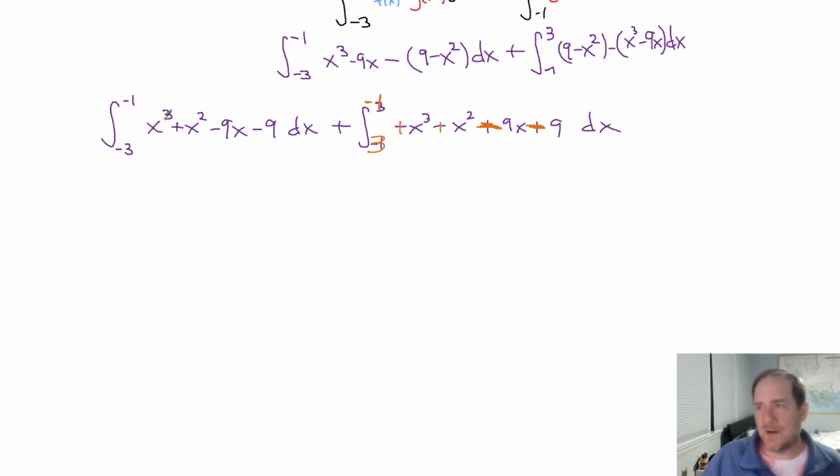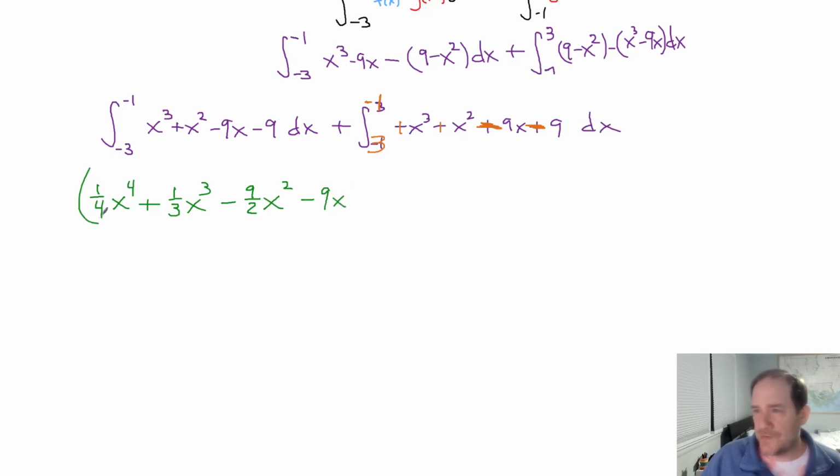So let's do our antiderivative. I'm getting x to the 4th with a coefficient of 1/4. I'm getting an x cubed with a coefficient of 1/3. Then I'm getting minus an x squared with, I already had a coefficient of 9, so my coefficient now will be 9/2, and the 9 just becomes 9x.